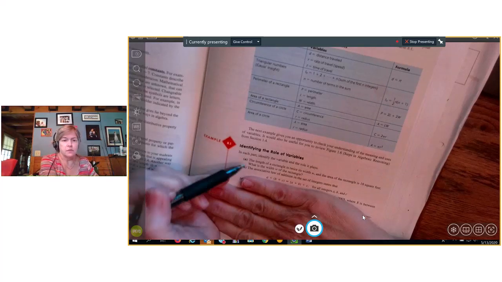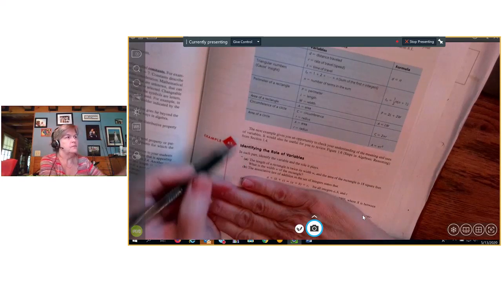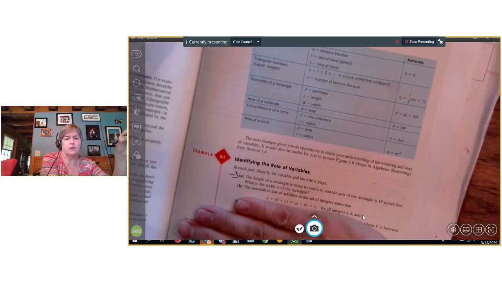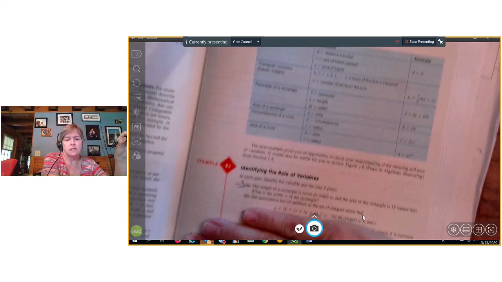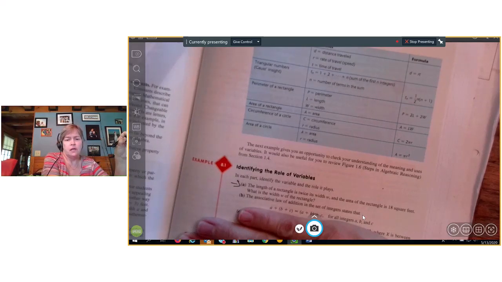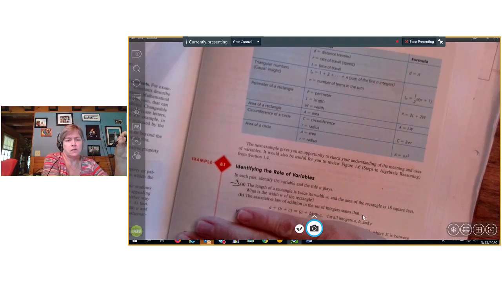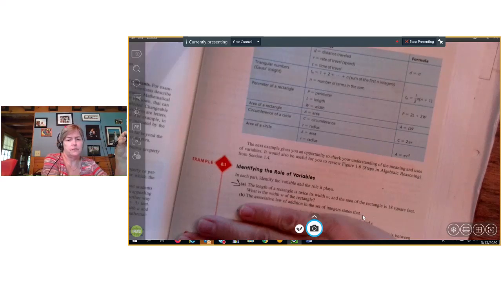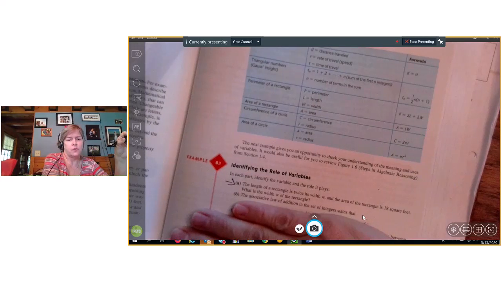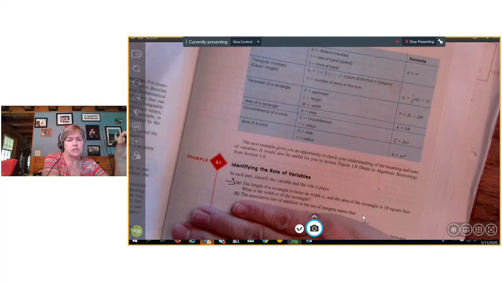The length of a rectangle is twice its width W, and the area of the rectangle is 18 square feet. What is the width of the rectangle?